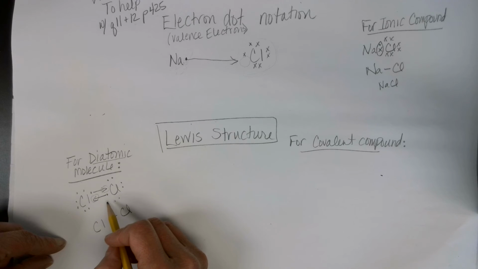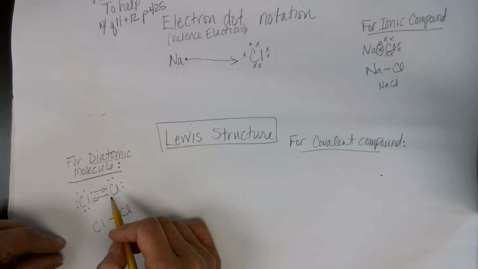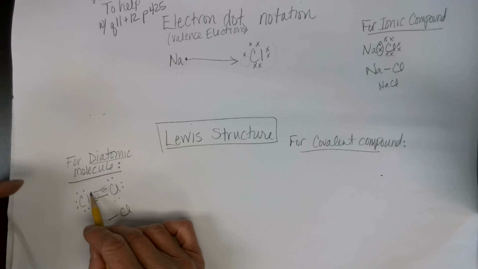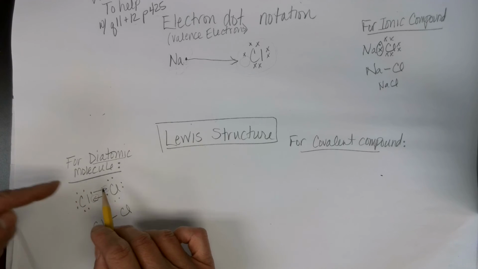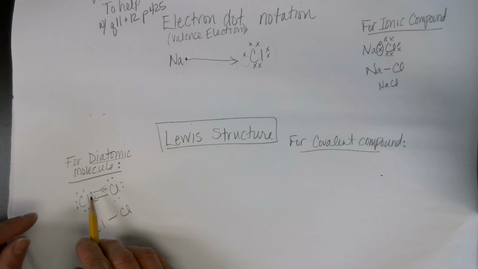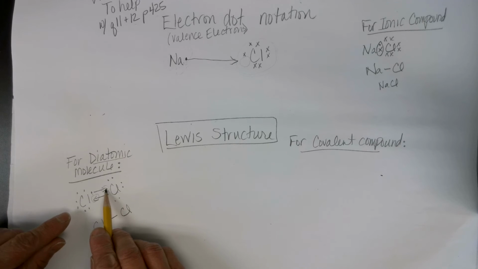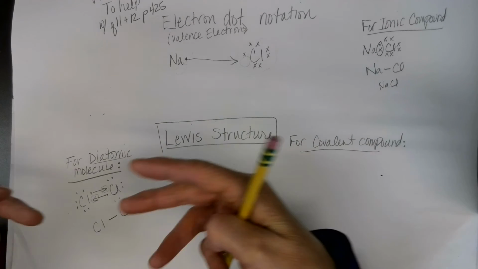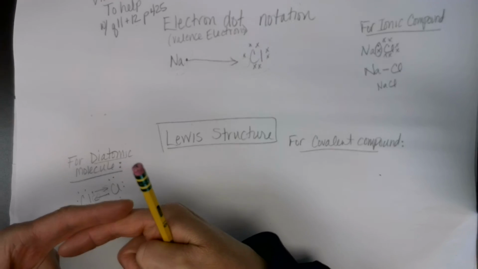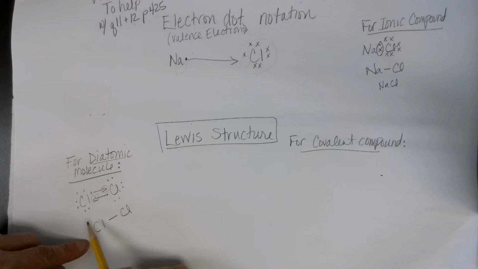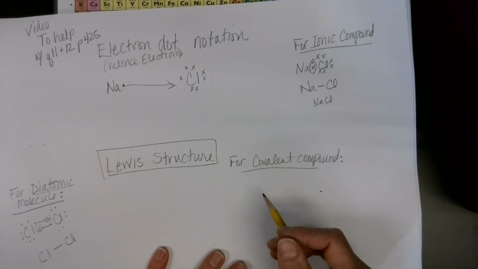Right now, the way I've drawn this, it looks like this should be double, but it's not, right? Because this one is clicking into place, kind of like a seat belt, clicking in here, and this one is clicking in here to create a bond that's going to share one pair of electrons, right? That represents a diatomic molecule.